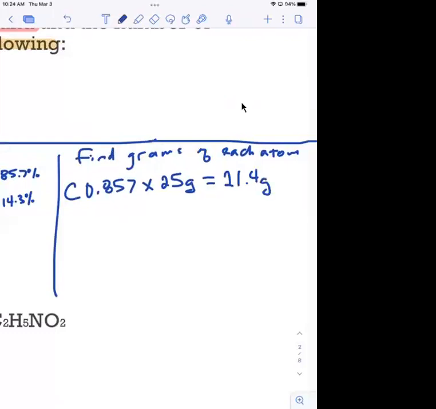All right, and then if we do 0.143 times 25, what do we get for that? 3.6, right, so 3.6 grams.